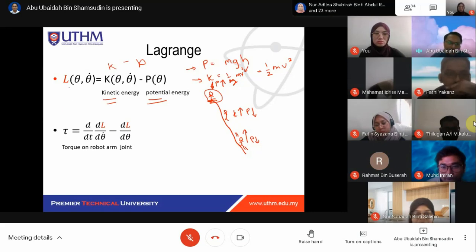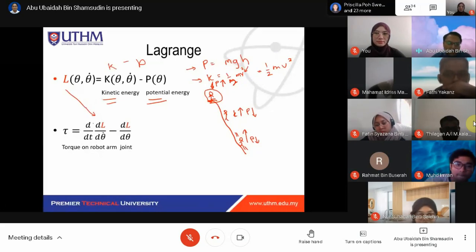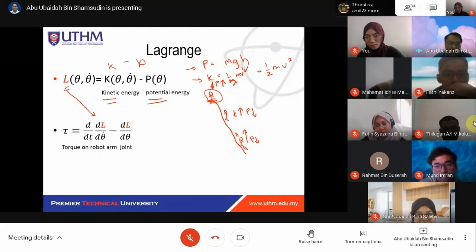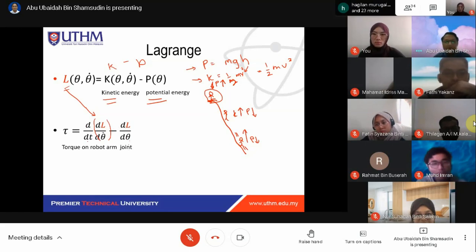And to change from Lagrange to force, when you want to calculate the force of something, you need to differentiate Lagrange, this L here, with velocity, and differentiate this over time, minus Lagrange differentiated with position, with theta. So therefore you can get the force.